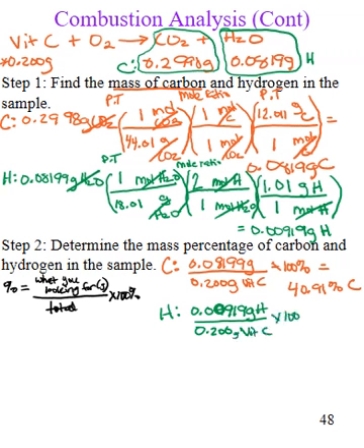Multiply by 100%. So if we take the top number divided by the bottom, we should get 4.59% of hydrogen.